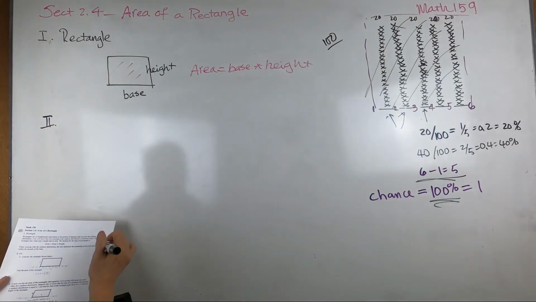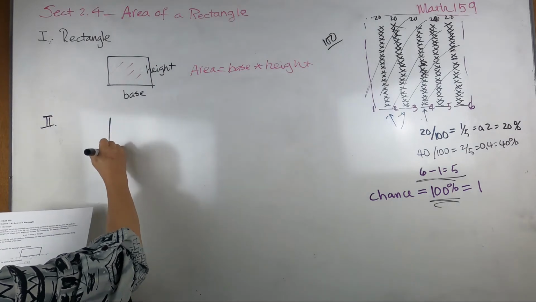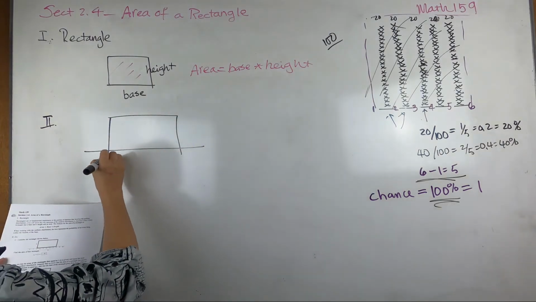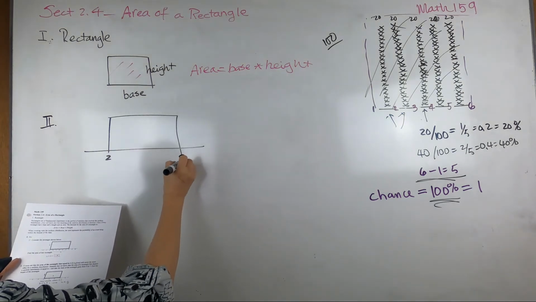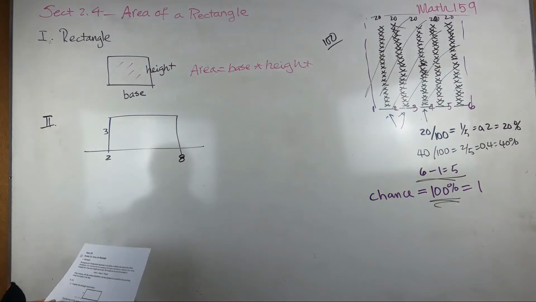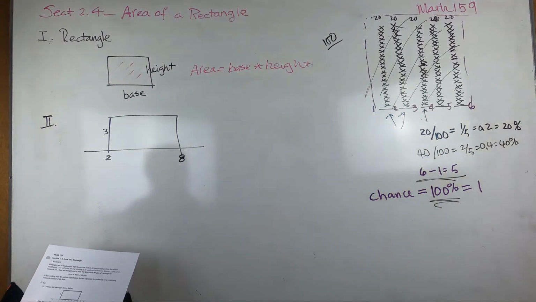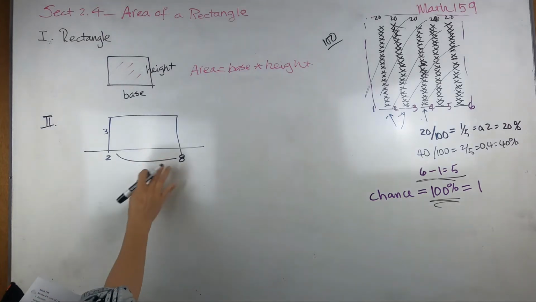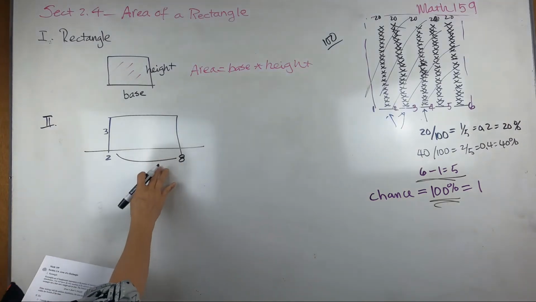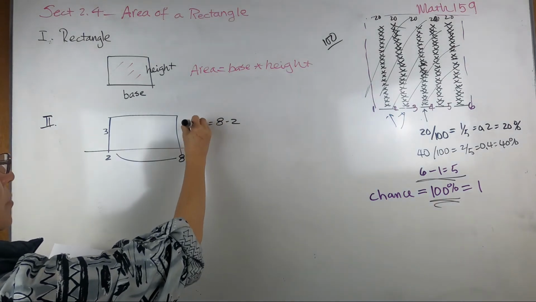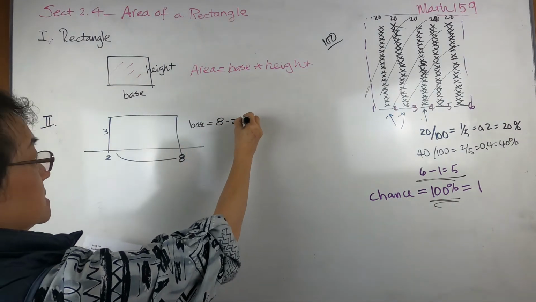If we have an area that looks like this, you have from 2 to 8, then the height is 3. Find the area of the rectangle. So what's your base? The length, the difference. So the base is 8 minus 2, right? So that's your base, it's 6.